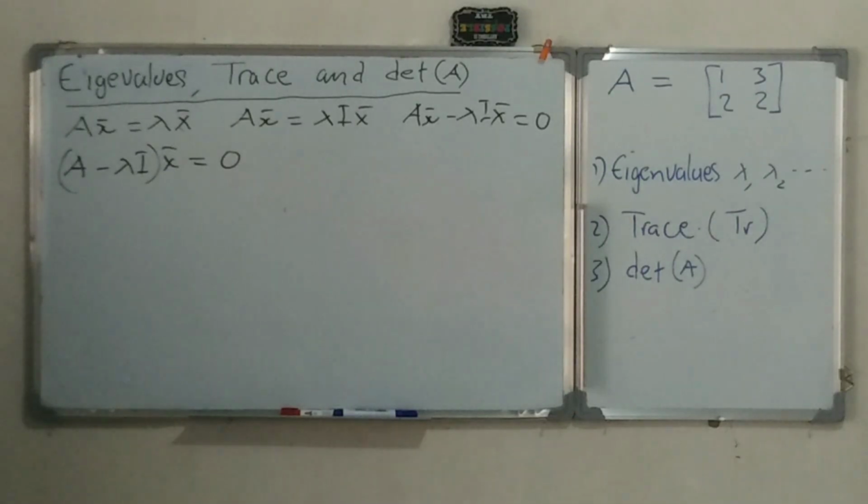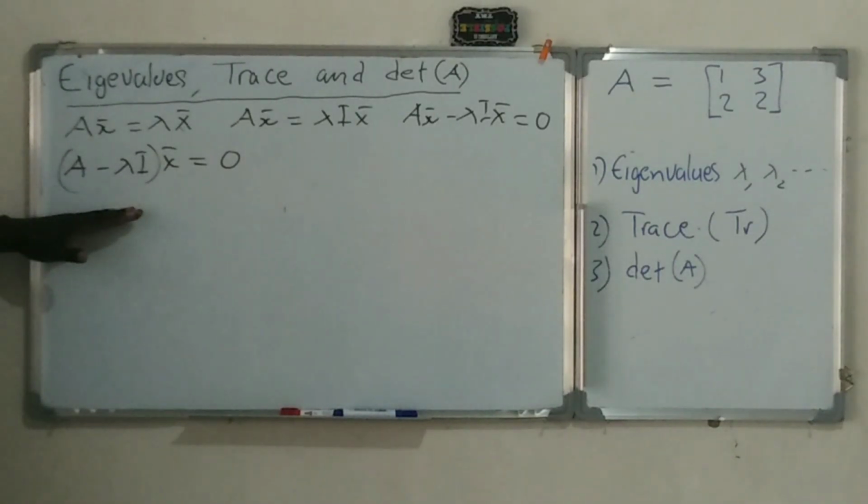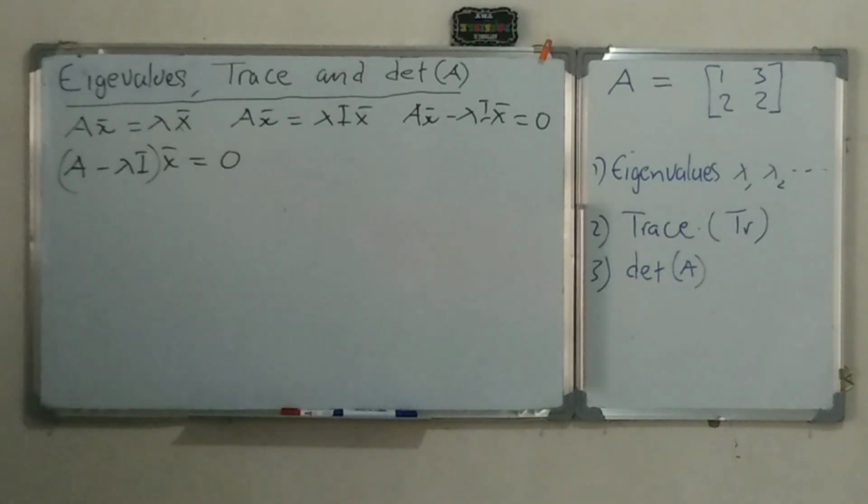For this equation to have non-zero solutions, this matrix must have a determinant of 0. Let me repeat that. In order for us to avoid the trivial solution x equal to 0, the matrix here must have a determinant of 0.